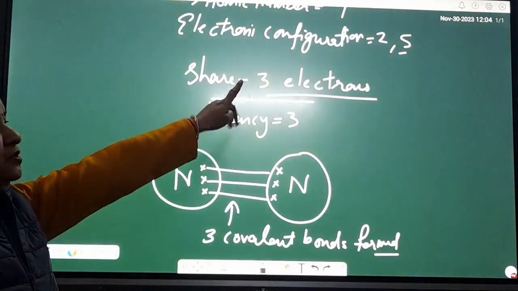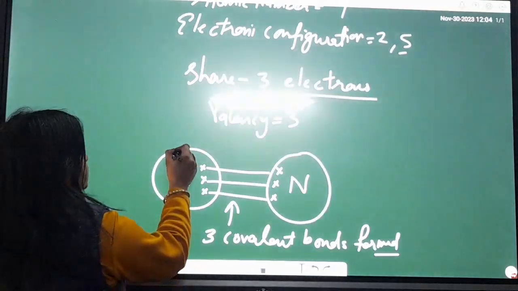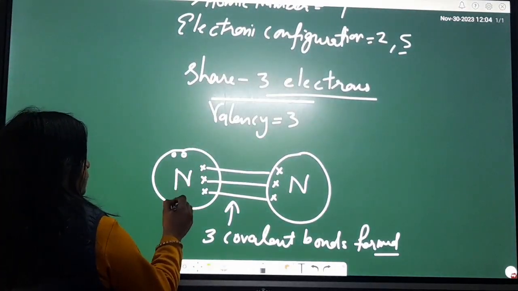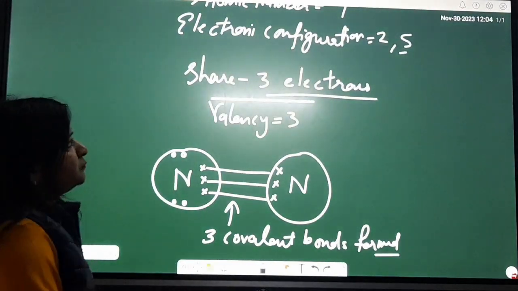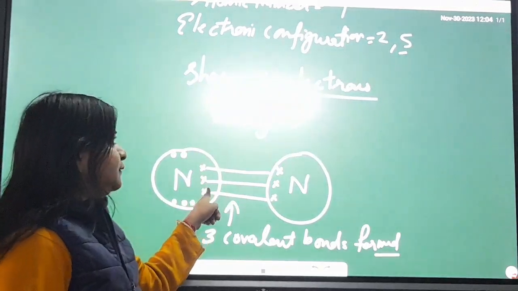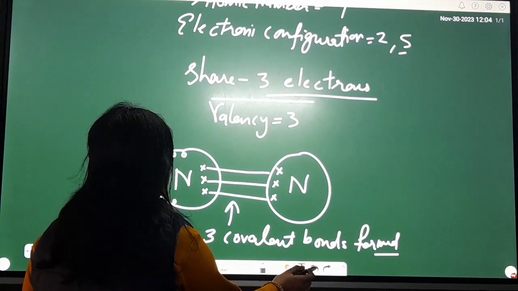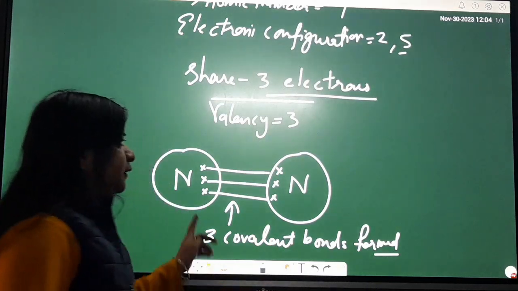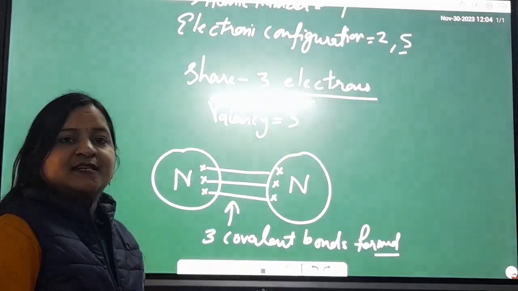Rest of the electrons, like 2 and 2 from the 5, 3 from the 5, because 2 are not sharing, 3 are sharing. Here you can see the nitrogen element is sharing its 3 electrons.